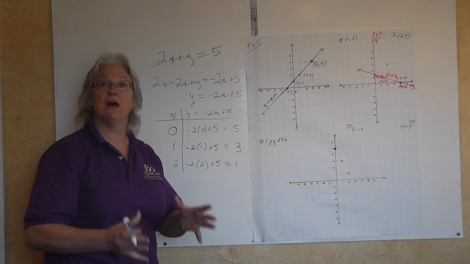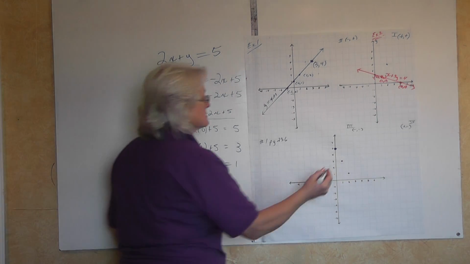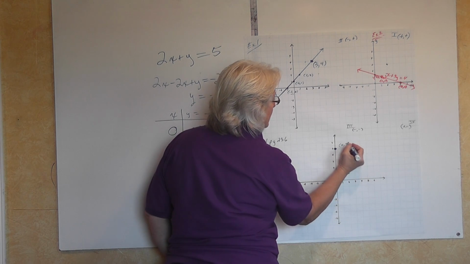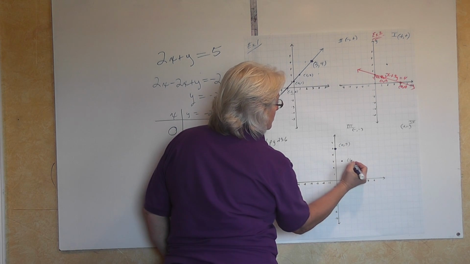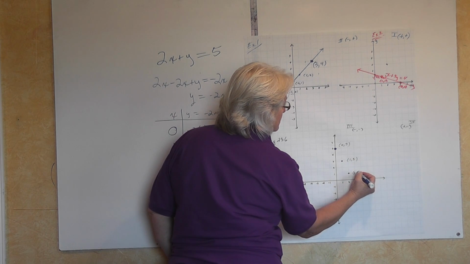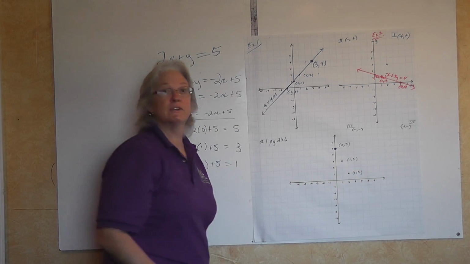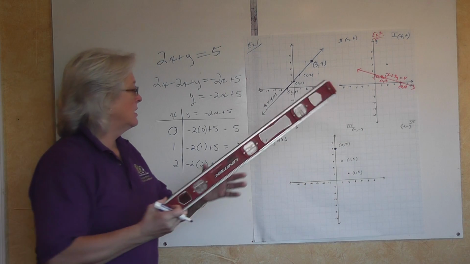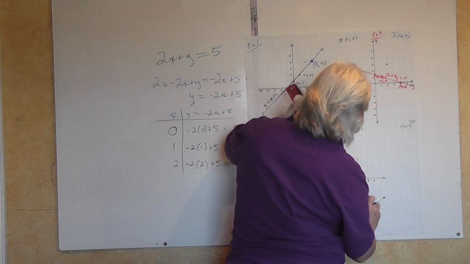So we want to go ahead and label these points. This point here is the point where x is 0 and y is 5, x is 1 and y is 3, x is 2 and y is 1. We want to go ahead and use our straight edge and connect these points.